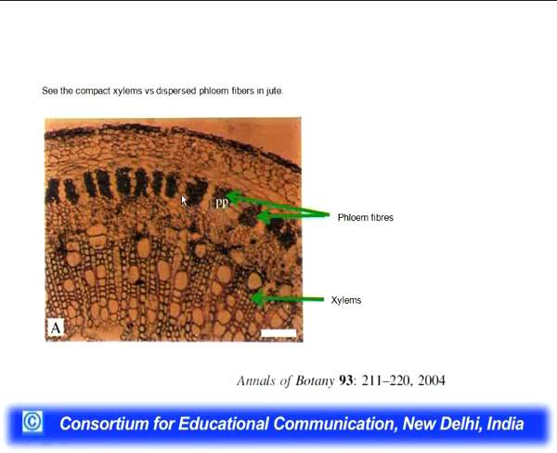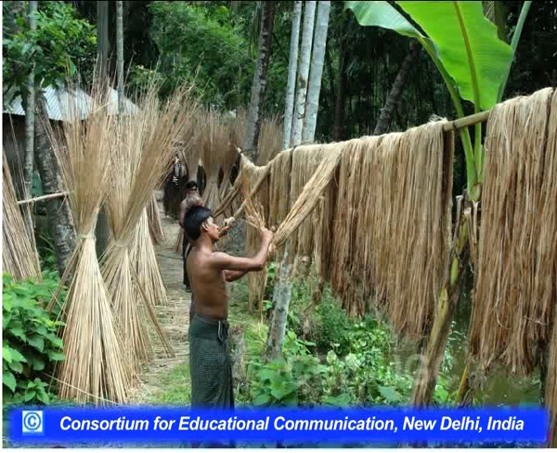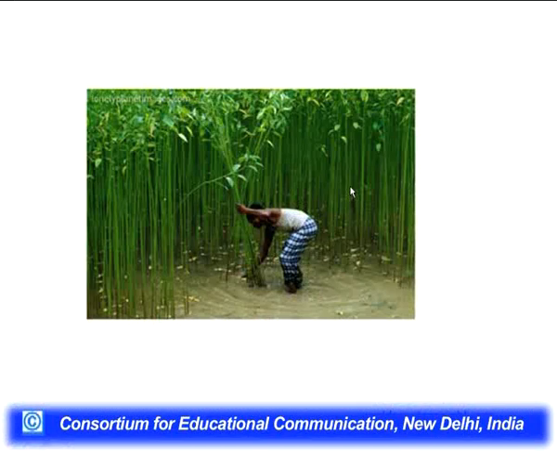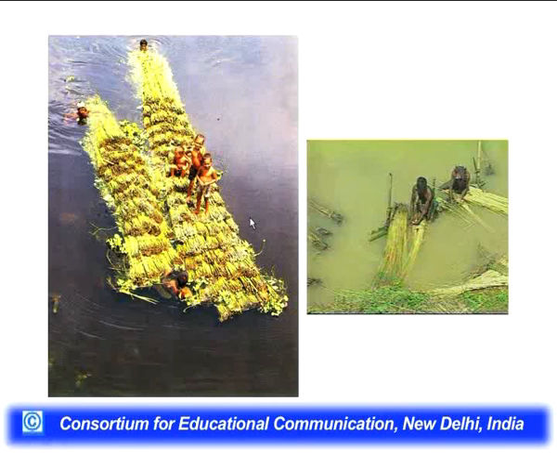If you see jute, this is how the jute sticks are, these are the jute fibers, and jute is grown like a big plant, and then they are cut and floated in the water for 15-20 days, and during that time microbes grow in the water that take up the cellulosic components present in the parenchymatous tissue.